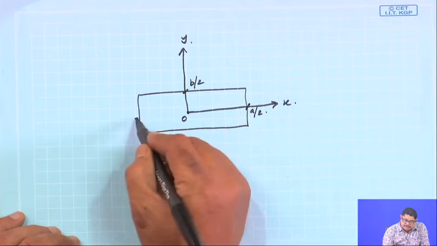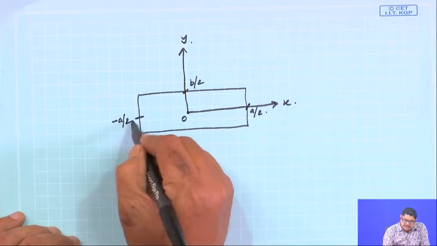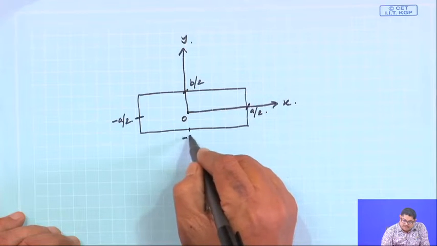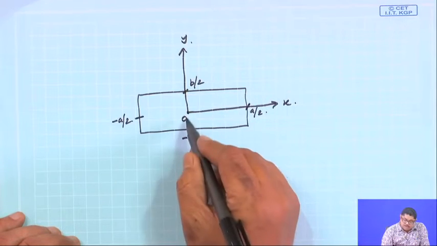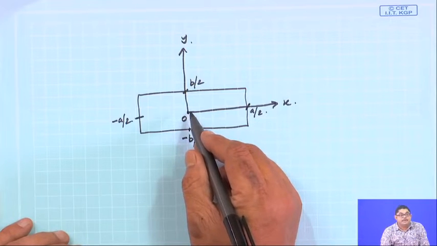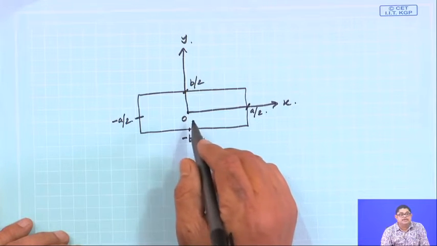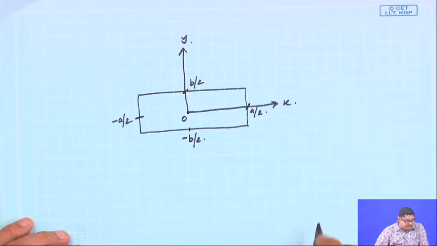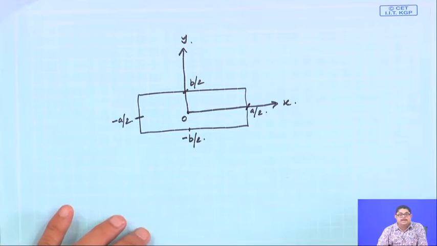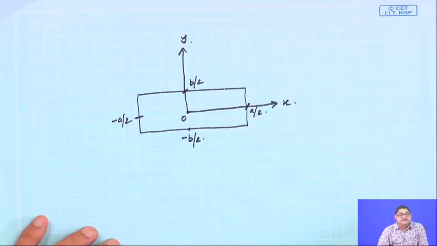So, this point will be minus a by 2 and this point will be minus b by 2. The center of the aperture is the origin of the coordinate system and we assume that the aperture field is uniform.